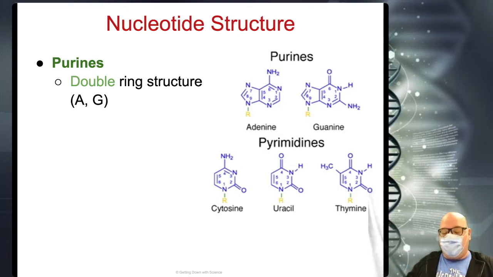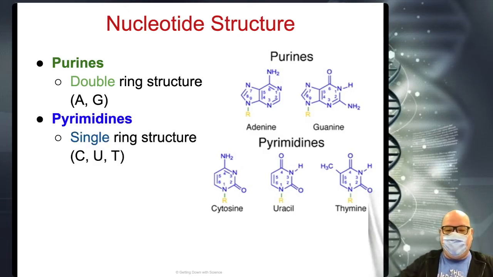Pyrimidines are the single rings, and they are your C, U, and T. All right? So one thing I want you to remember is that purines don't bond with purines, okay? Pyrimidines don't bond with pyrimidines, okay?